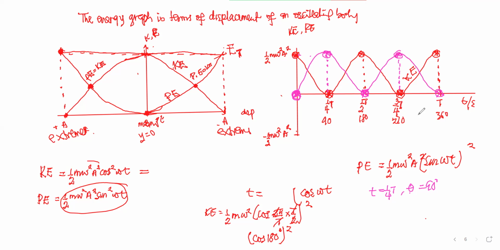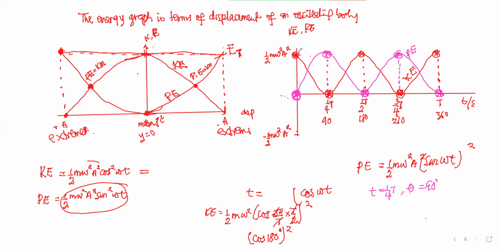So this is also a graph for P for one cycle. And look at it. This is 0 at the mean point. So they interchange.